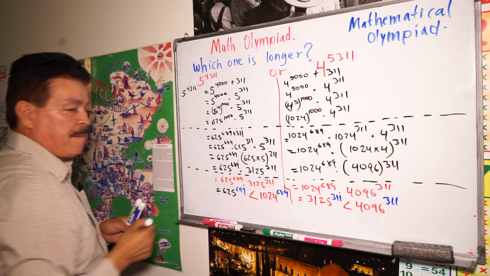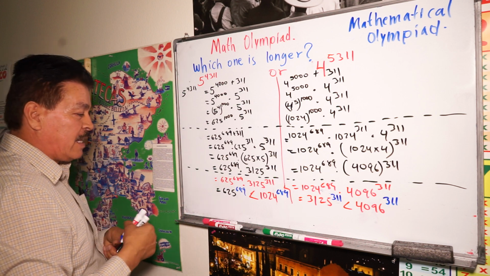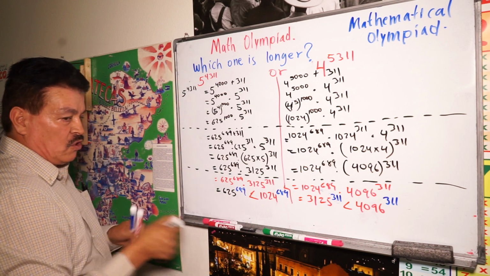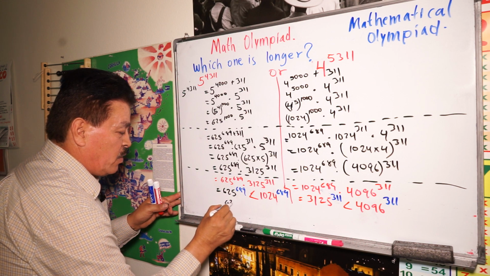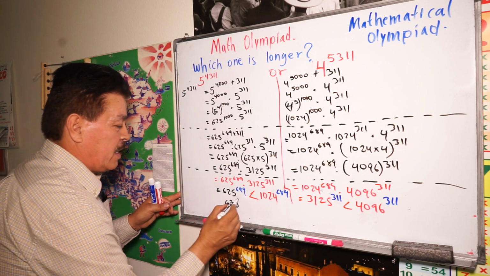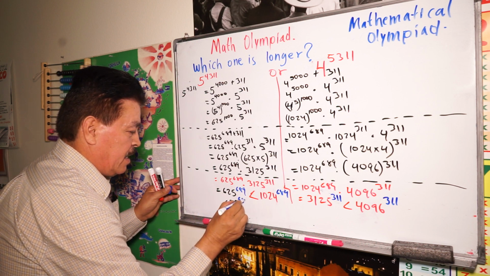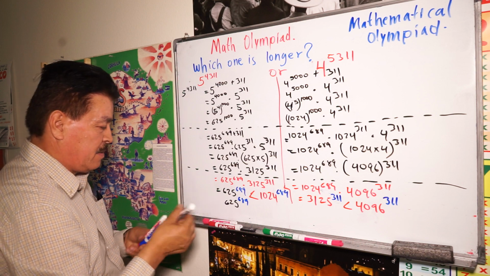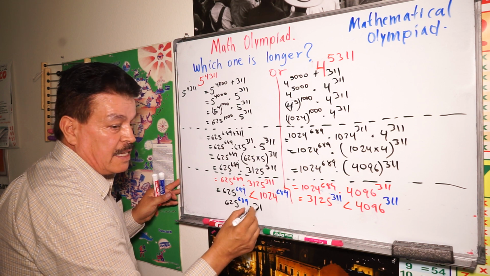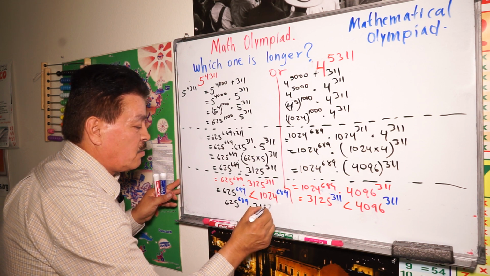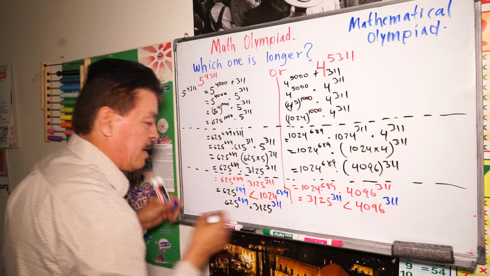Okay, so now the next step is actually the conclusion. The conclusion is going to be 625 to the 689 times 125 to the 311.